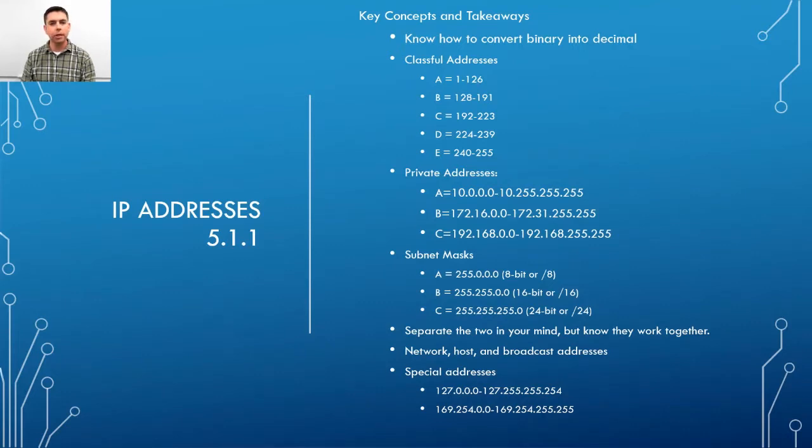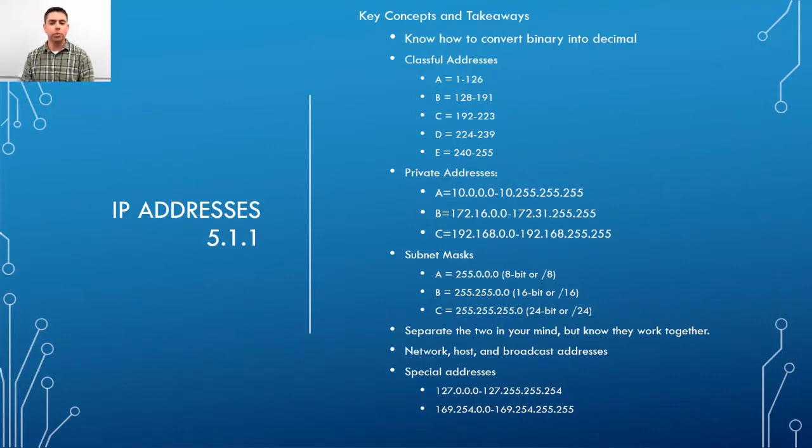Class C, and you'll see this on a lot of home routers, is 192.168.0.0 all the way up to 192.168.255.255. You will have to remember those also for the Network Plus exam. Class A and Class C are actually really easy to remember. I sometimes stumble over Class B because it's just one that nobody ever uses, but you still have to remember it.